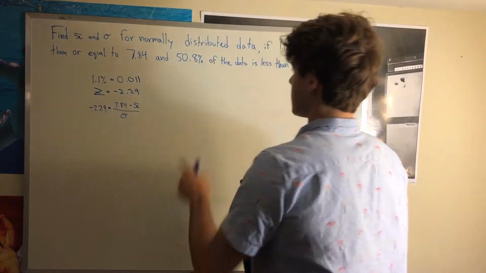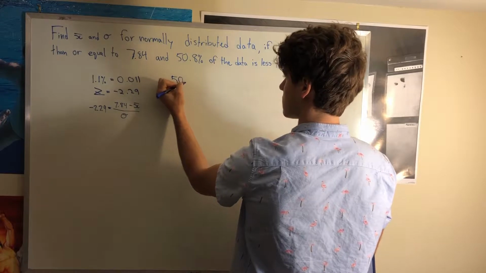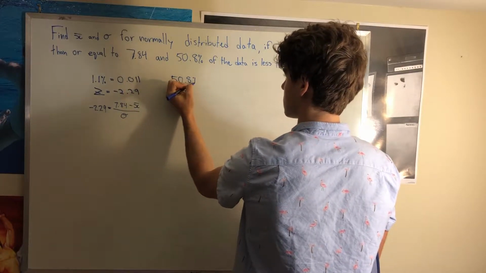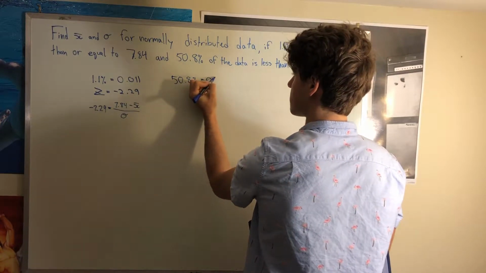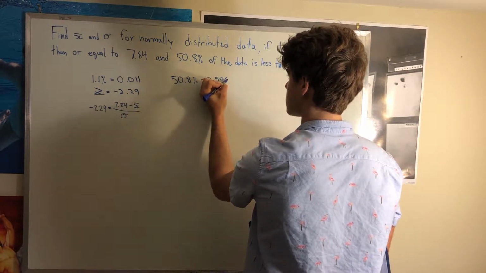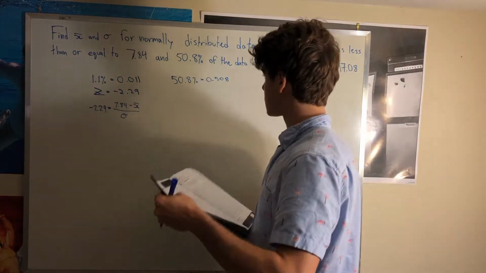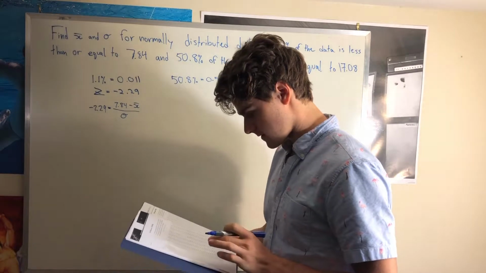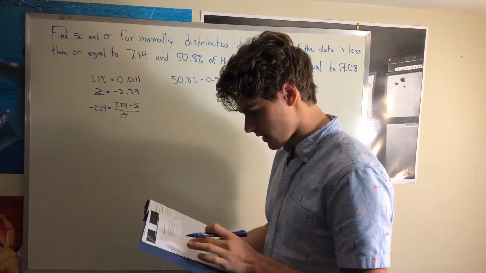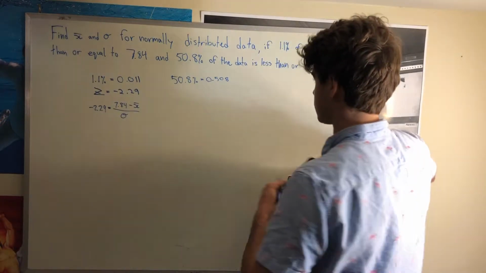Good. Now we have 50.8% of the data, which in decimal form, of course, is 0.508, is less than or equal to this number, okay? So let's find the z-score for 0.508. That's 0.02, okay?